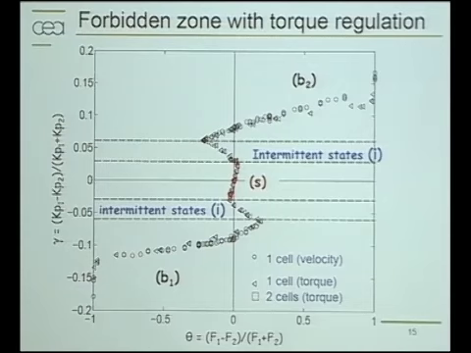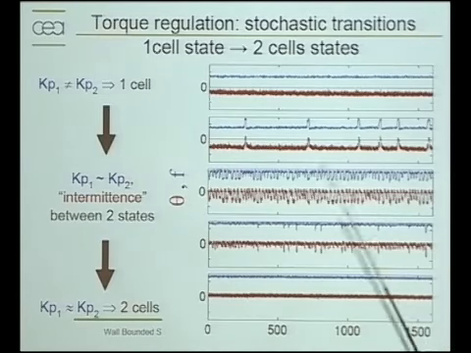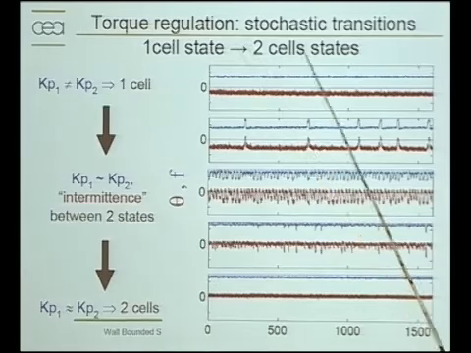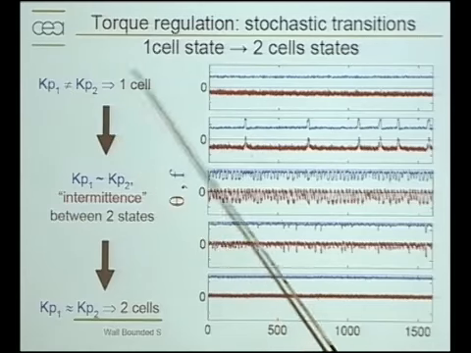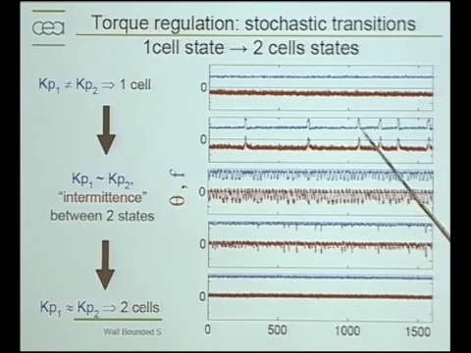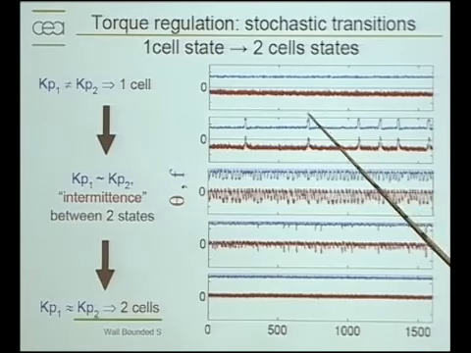And also, I can get some intermittent states, meaning regimes in which you go from a one-cell state to a two-cell state with a very slow dynamics. I can show you this dynamics. So this is torque regulation, and you have this stochastic transition between a one-cell state and a two-cell state.